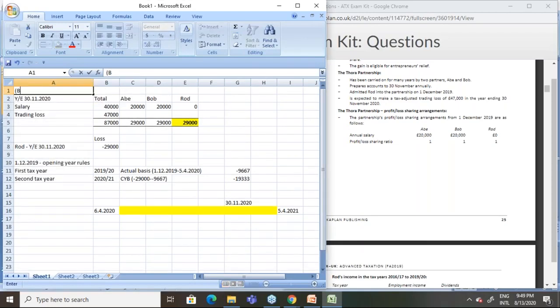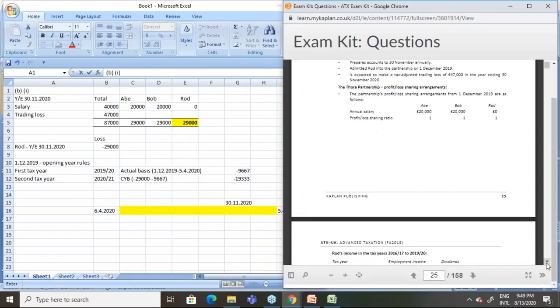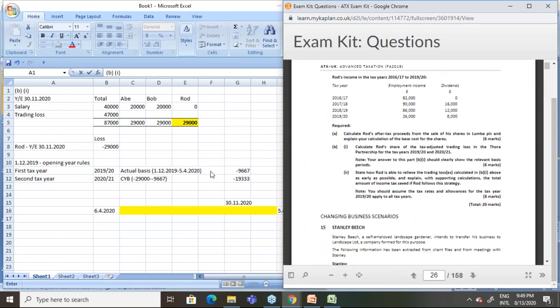So it's just a matter of applying the basis of assessment rules. Share of tax adjusted trading loss.